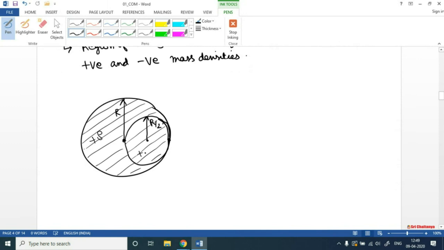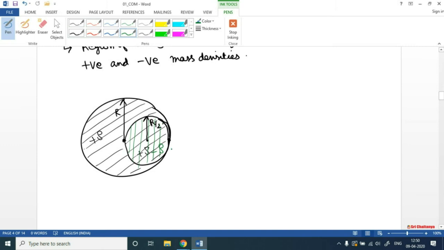So here also let's imagine there was plus rho, but in the region of cavity only, we have superimposed some negative mass density, say minus rho. So only in the region of cavity, the net mass density will become plus rho and minus rho, which will effectively give us 0.